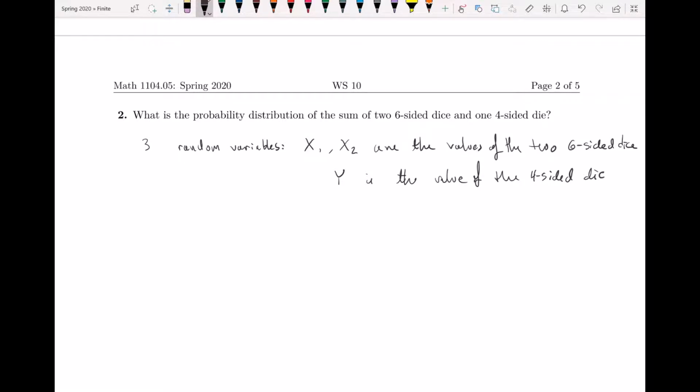Okay, so 3 random variables, and we're adding them all together.